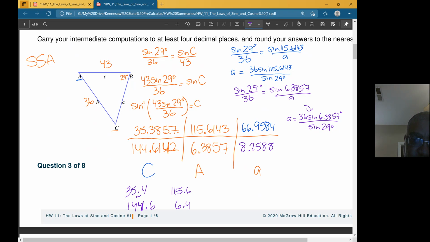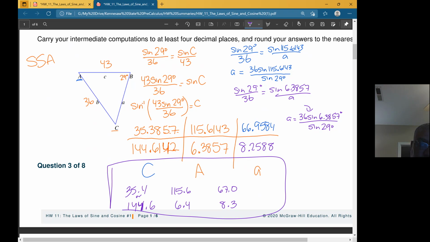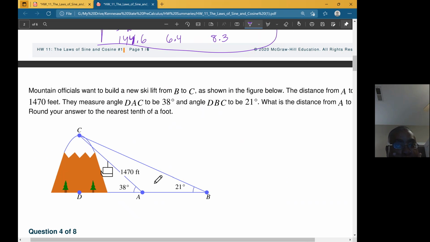For the larger of the values, little a becomes equal to 67.0 because it rounds, or 8.3. And those are my answers. Indeed, I don't believe in rounding until the end. This problem can be a lot. Okay. The main idea is keeping it organized. Let's keep going.